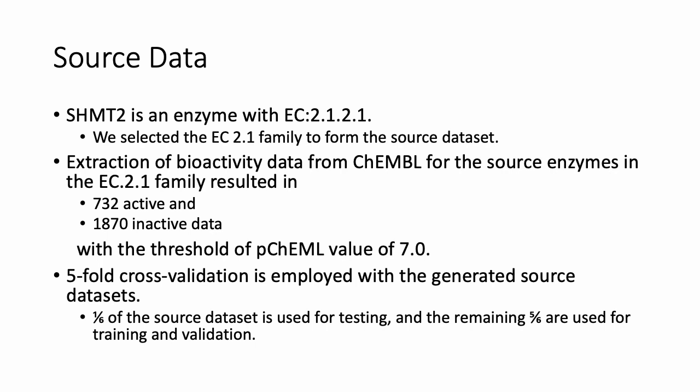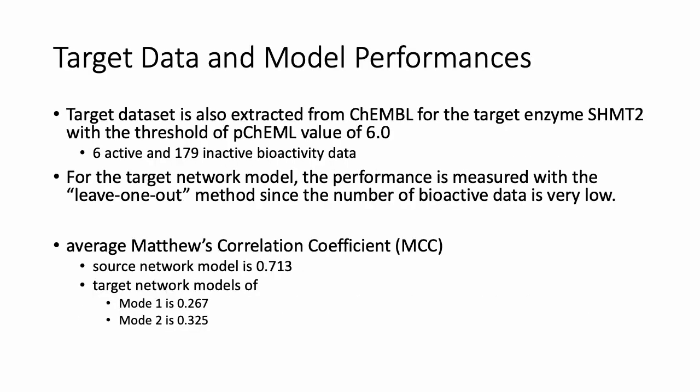We apply 5-fold cross-validation to generate the source model. The target data is also extracted from ChEMBL with the target enzyme SHMT2, and there are 6 active and 179 inactive bioactivity data. The performance of the target model is measured with the leave-one-out method, since the number of bioactive data is very low.